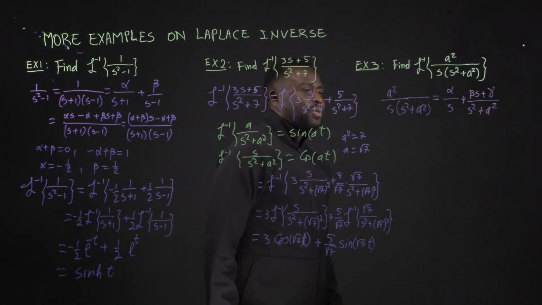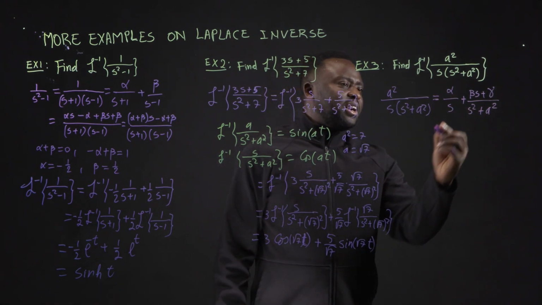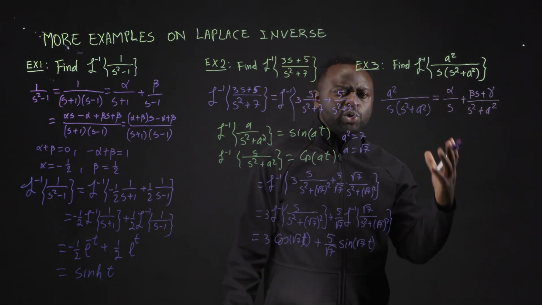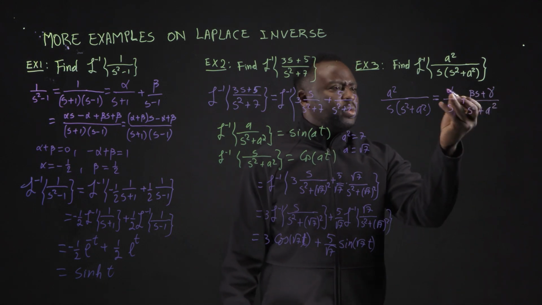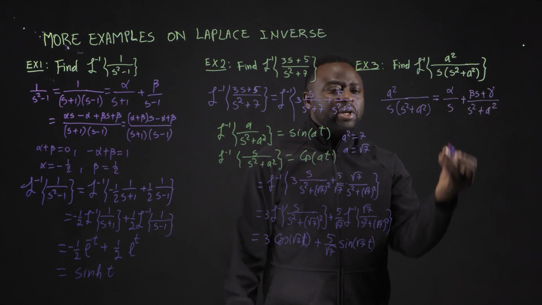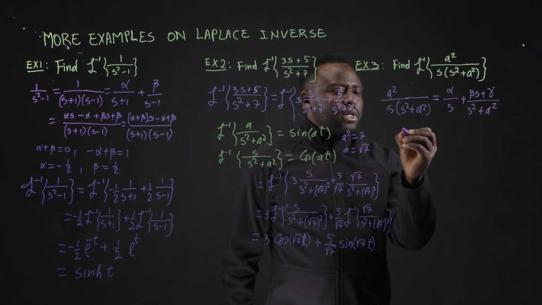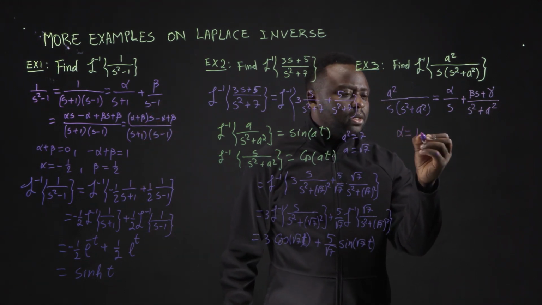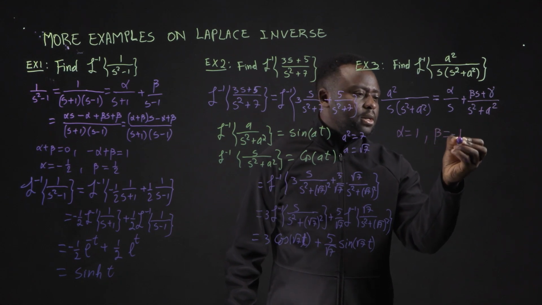You have to cross multiply here to obtain the values of alpha, beta and gamma. I know this is a high school problem, you should be able to do this. Following the normal procedure, you obtain alpha equal 1, beta is minus 1, and gamma is 0.